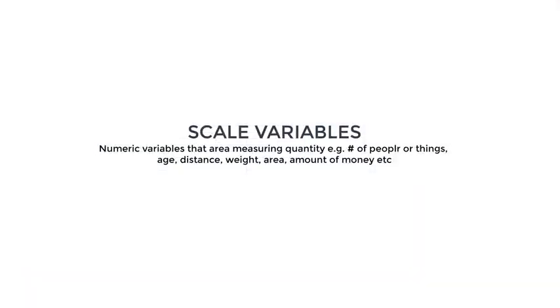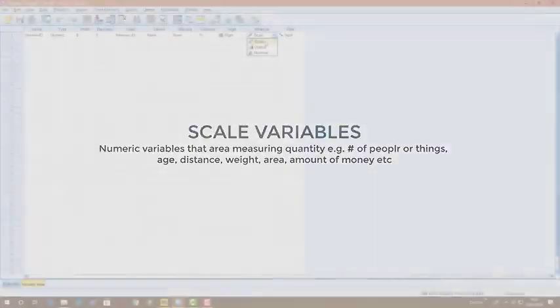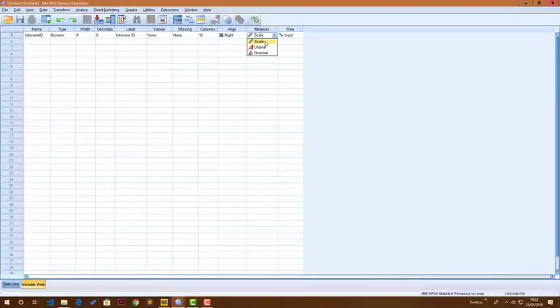These are genuinely quantitative variables, like how many people are there in your household. You're talking about a number of people, which is obviously a quantity. Or how old are you? You're talking about the quantity of time. Or how long is it from here to the next borehole, which is the quantity of distance, length, and so on and so forth. Those would be scale variables.